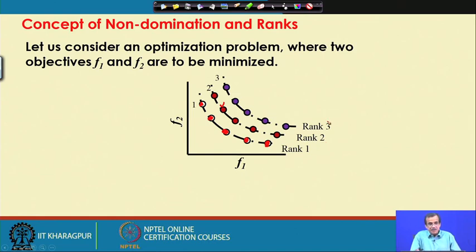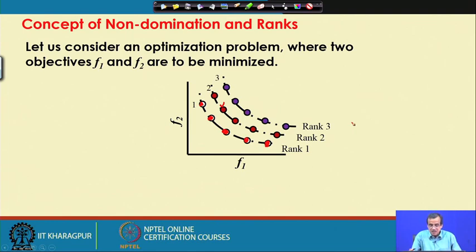And if I compare the average fitness, the average fitness of the rank 1 solutions will be better compared to that of the rank 2 solutions. Similarly, the average fitness of the rank 2 solutions will be better compared to that of the rank 3 solutions.